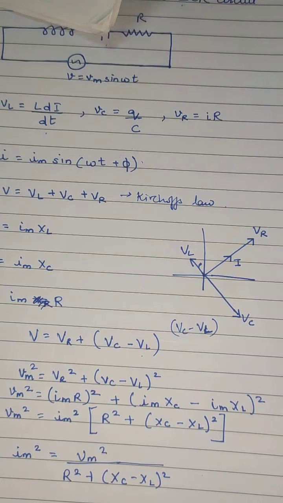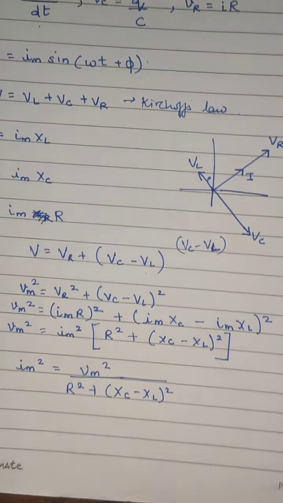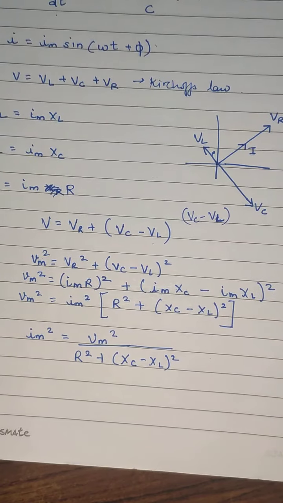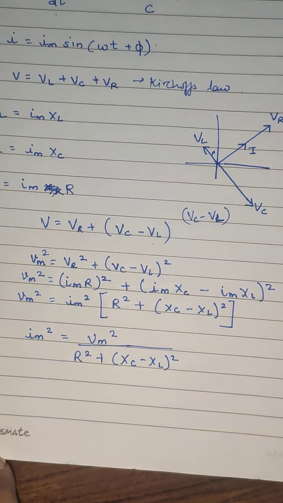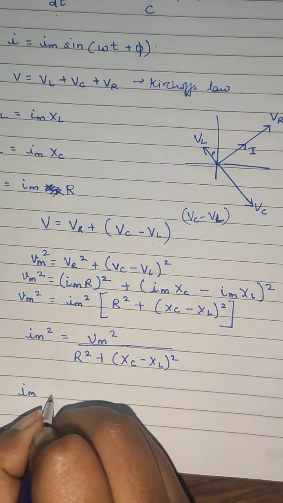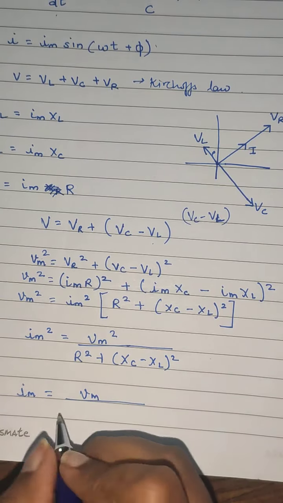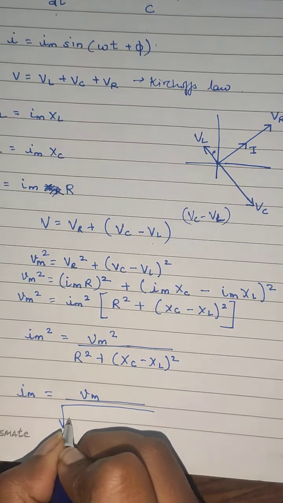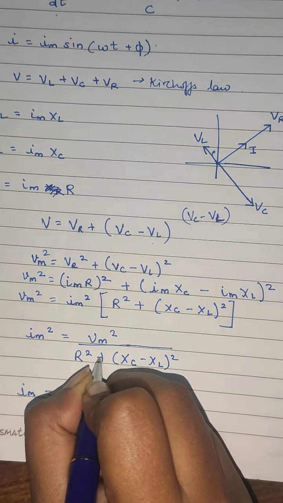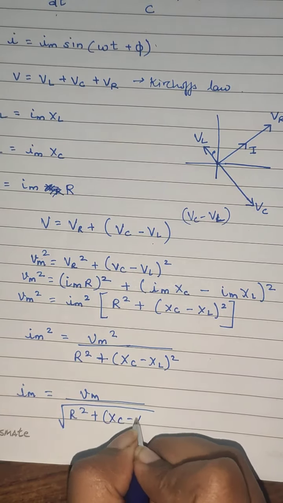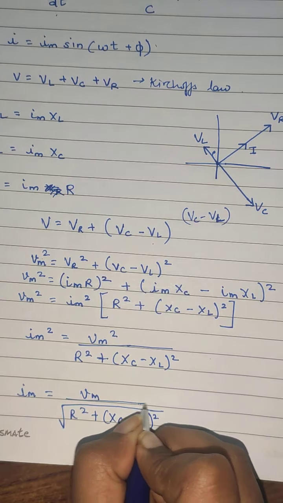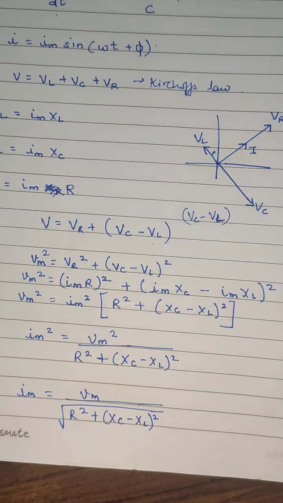After this, I will remove the squares. So Im will be equal to Vm upon, I cannot remove the squares directly, so I have to put a root sign, root of R square plus XC minus XL the whole square. Okay, so this is what I am going to get.